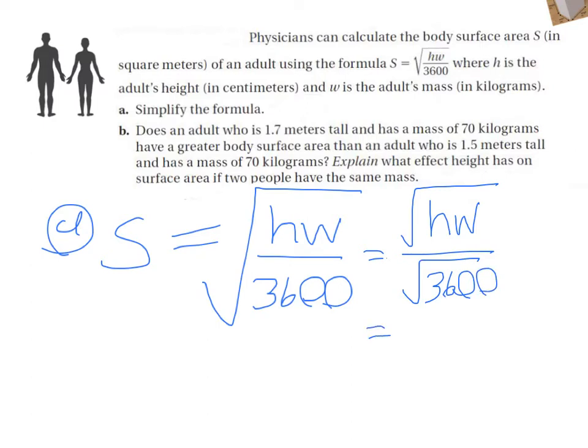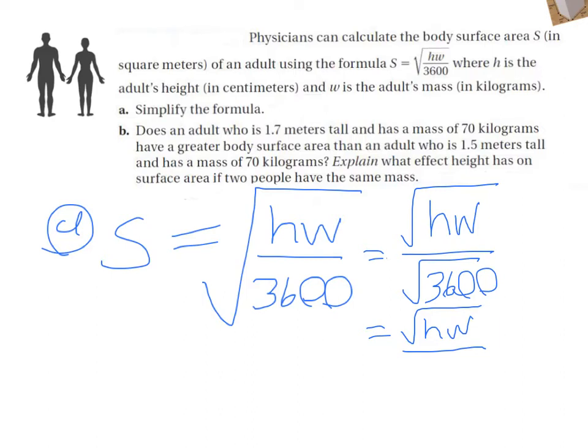Now the square root of hw, because those are single variables, we know those cannot simplify any further whatsoever. And if you wanted to, you can give them their own individual square root signs, but no need because they're just going to go right back together. So to save some time, let's just keep them like that.